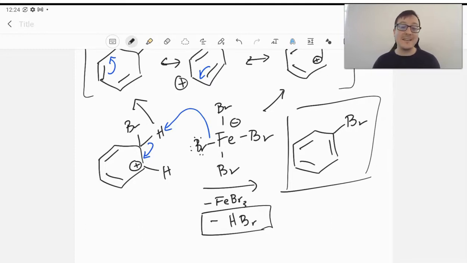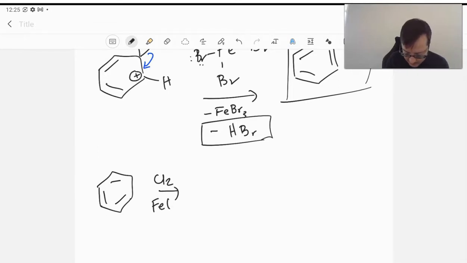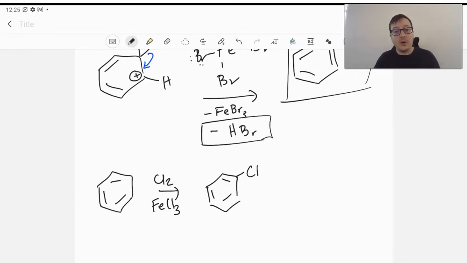And we're going to see this is exactly the same mechanism for chlorination. If you take benzene and try to add chlorine to it, it will work. This won't work with other halogens, though, only bromine and chlorine, but we'll see there are other ways to add other halogens on.